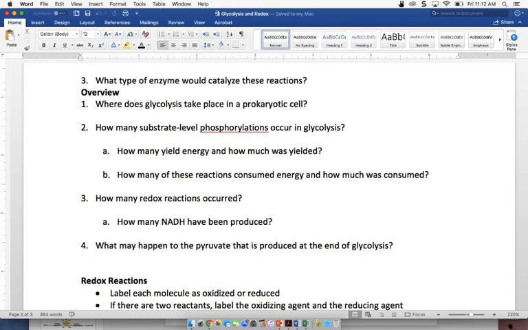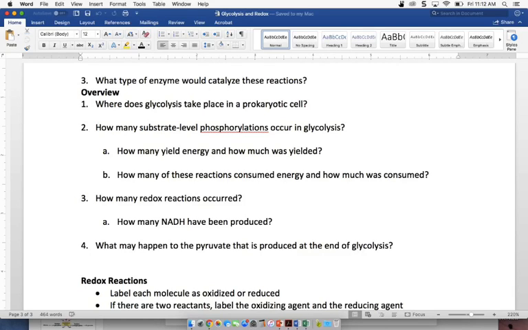Oftentimes, at least when we're looking at this in the context of glycolysis or even Krebs cycle, we've either got ATP as the reactant that contains the phosphate, or we may have ATP as the product that gains the phosphate. Okay, so let's take a look at a couple of examples here. What kind of enzymes are involved in this phosphate transfer? Kinase is the major one.